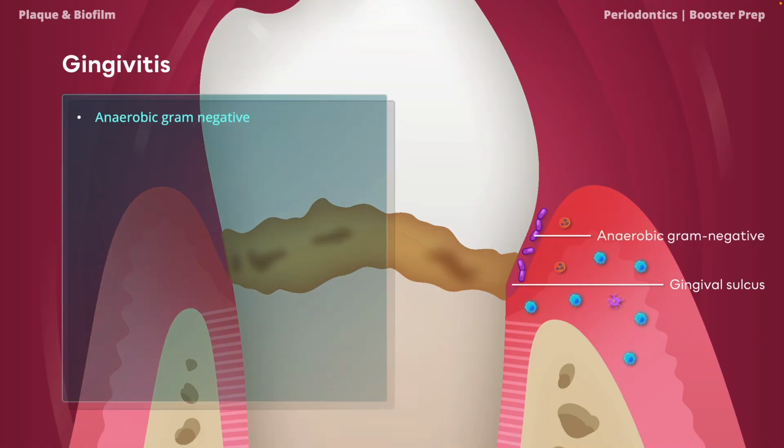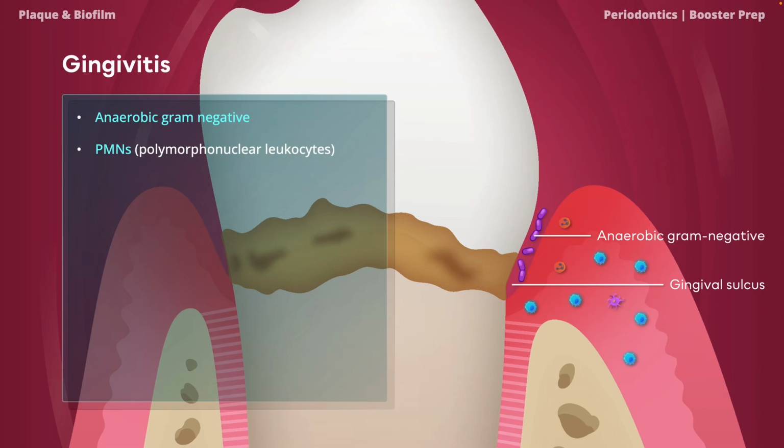This in turn creates an anaerobic environment, so it makes sense that bacteria well suited to these environments begin to dominate. And that's exactly what happens. Gingivitis is marked by a shift from aerobic gram-positive bacteria to anaerobic gram-negative bacteria. Gingivitis is also marked by the presence of PMNs, or polymorphonuclear leukocytes if you want to be fancy. These are the first immune cells to respond during the inflammatory phase.